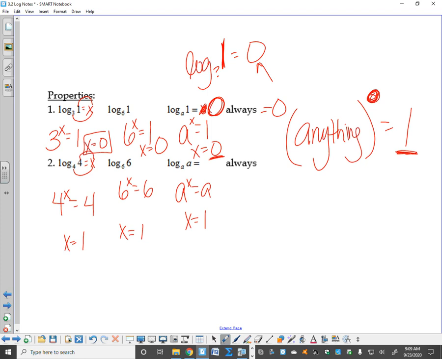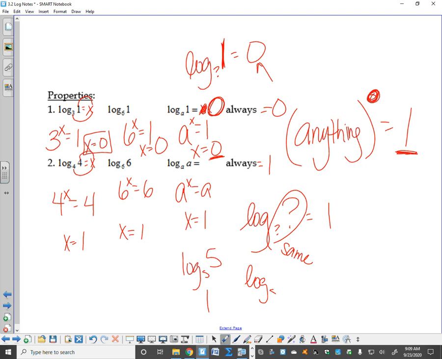So it is always equal to 1. So log base something of the same something is always a 1. So log base 5 of 5 is a 1. Log base a star of a star is a 1. As long as the base and the of are the same, it is always a 1.